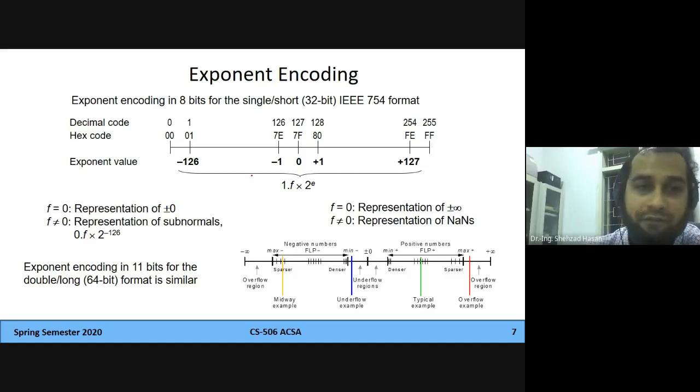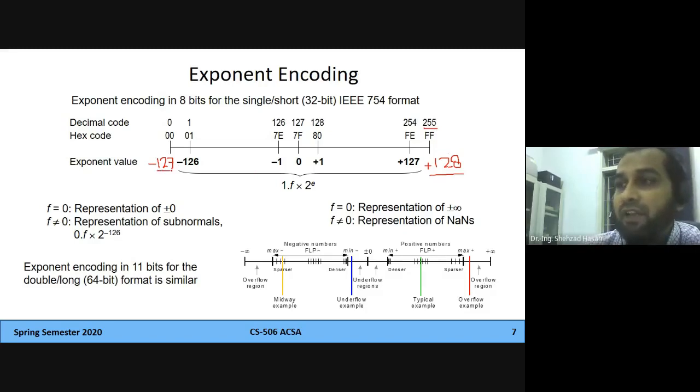So this is what I have told you actually. When we're talking about 0, it has an exponent of -127, which cannot be given to any other number. And infinity is then the maximum exponent that you can have, which again cannot be given to any other number. So plus infinity or minus infinity will have an exponent of 128, and if you add the bias to it, it's actually going to be 255, stored as all ones.